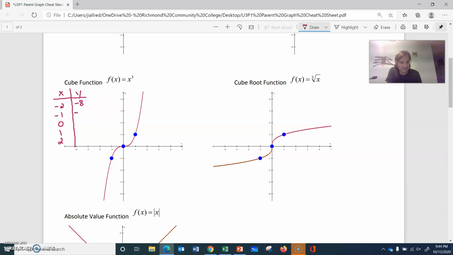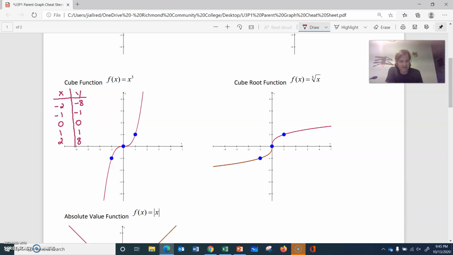But cubing -1 gives me -1, cubing 0 gives me 0, cubing 1 is 1, and cubing 2 is 8, another point that falls off the graph. But if I connect the points in a meaningful way, I get the cube graph that I have here. And notice it does go all the way up and down, whereas x squared makes everything positive. So a little bit different meaning here.